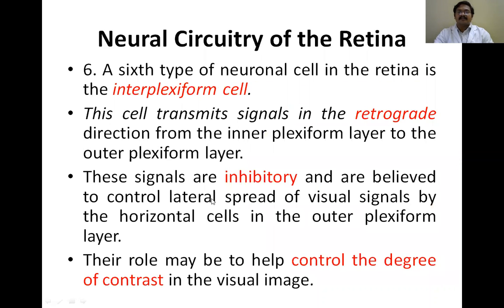Another type, the sixth type of neural cell in the retina, is the interplexiform cell. These cells transmit the signals in the retrograde direction, from the inner plexiform layer to the outer plexiform layer.